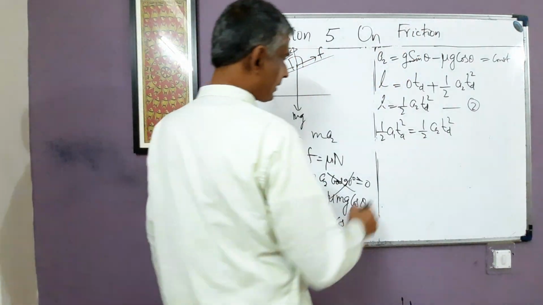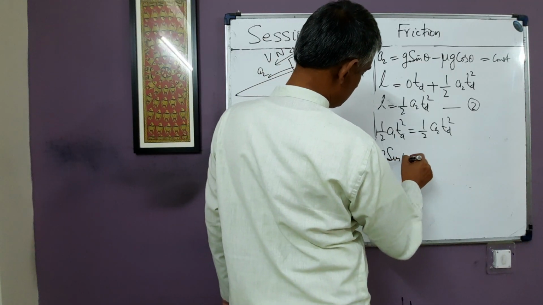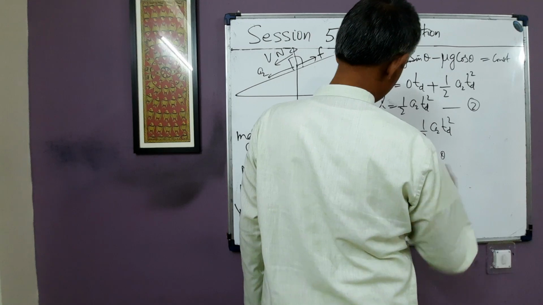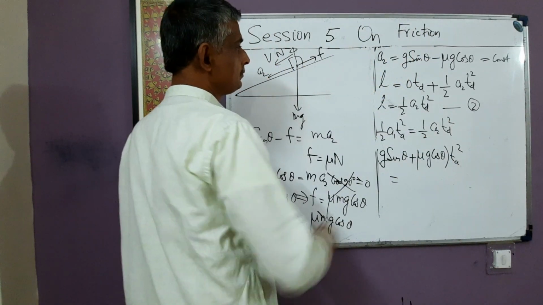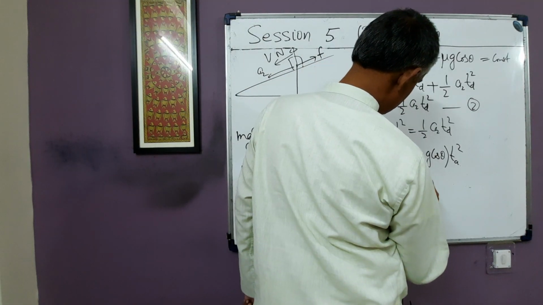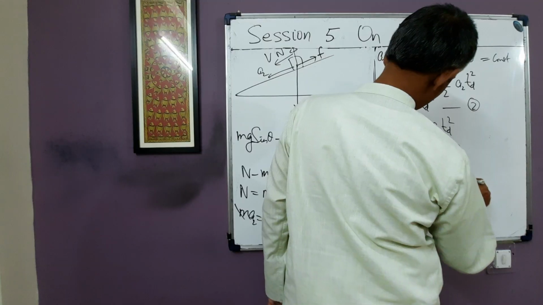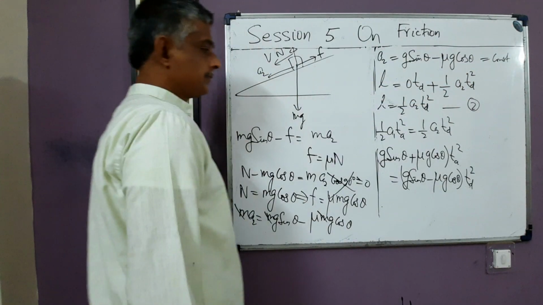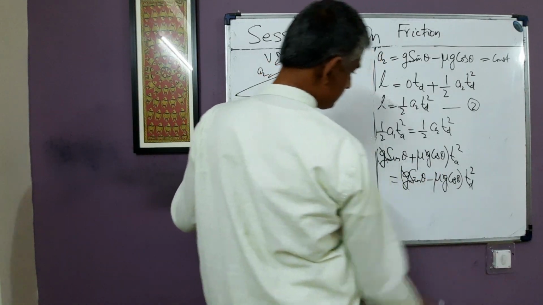Now A1 is g sin theta plus mu g cos theta, into Ts square, and A2 is g sin theta minus mu g cos theta, into Td square. Now g is a common term, so it goes away.